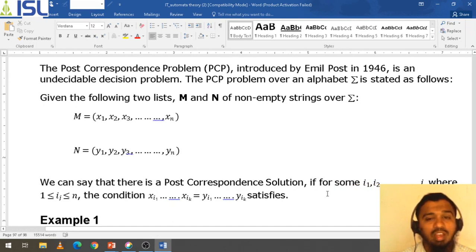So we can take some index values i1, i2 and so on, and the condition is satisfied.